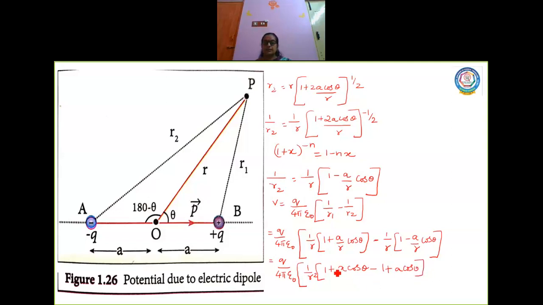So what is happening here? 1 and 1 gets cancelled. So I have the equation to be Q by 4 pi epsilon naught r square. In the numerator, you have a cos theta plus a cos theta, which is 2a cos theta.